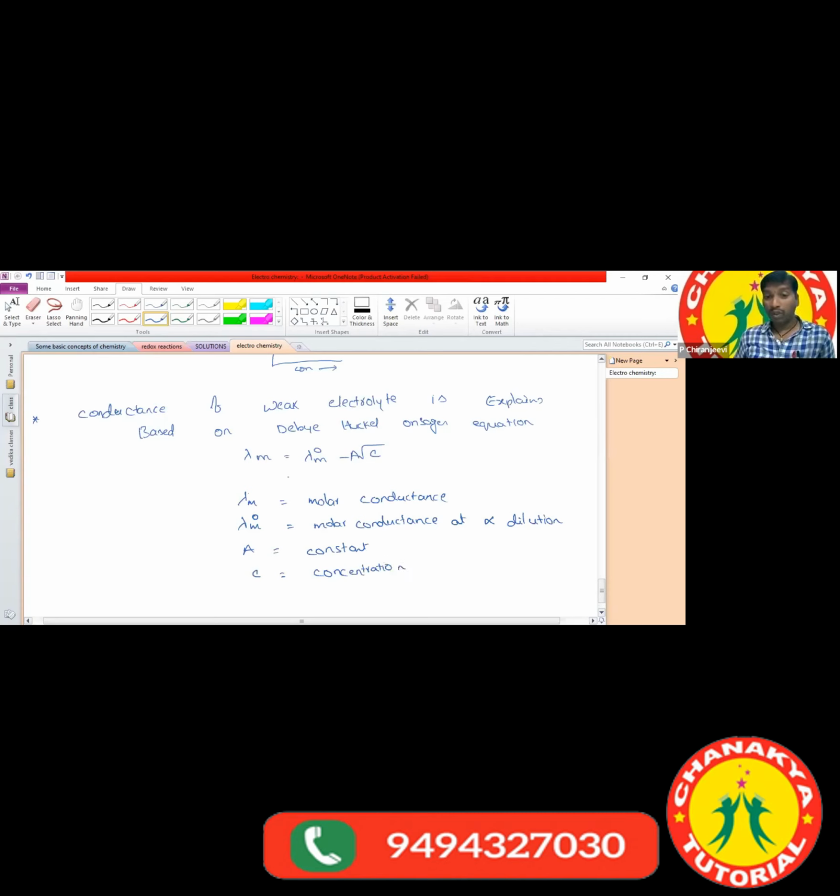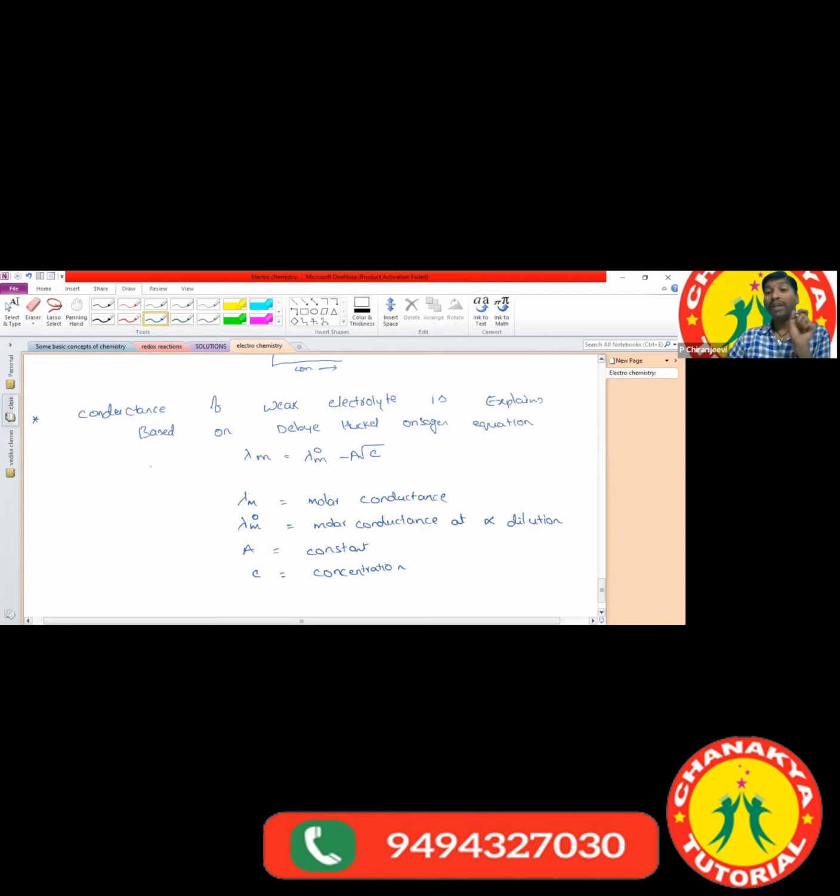Now, sir, what is meant by infinite dilution? If you keep on adding water, at one particular point the number of ions in the solution becomes 0. That condition we call molar conductance at infinite dilution.